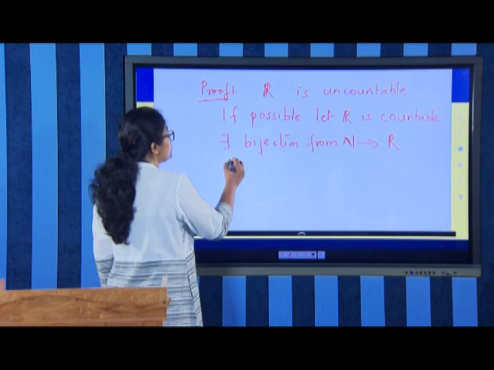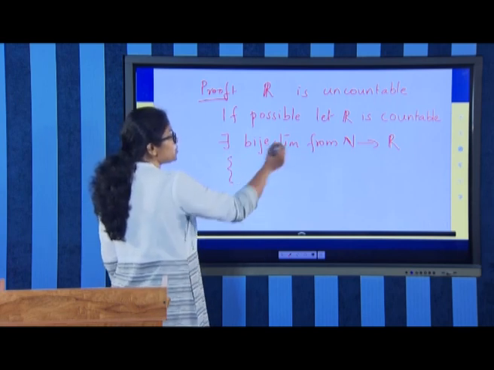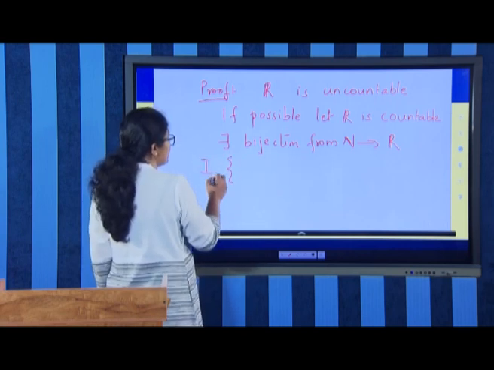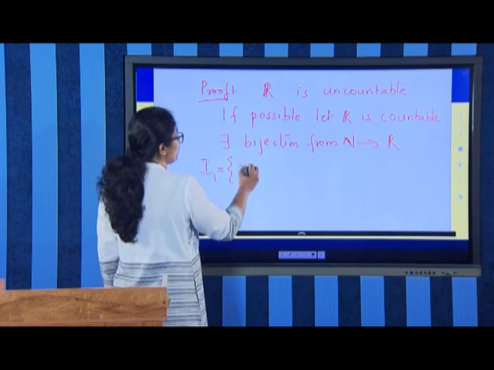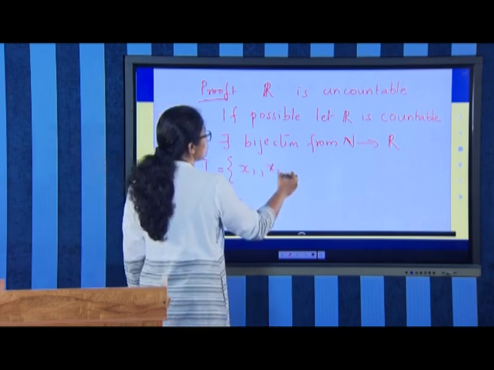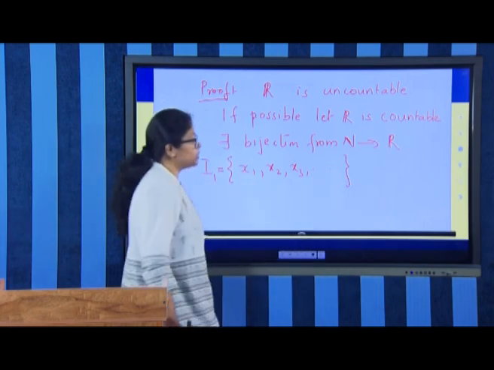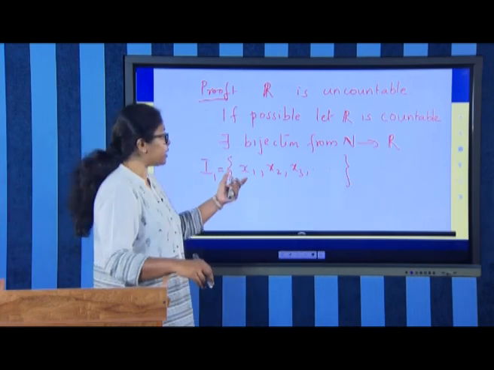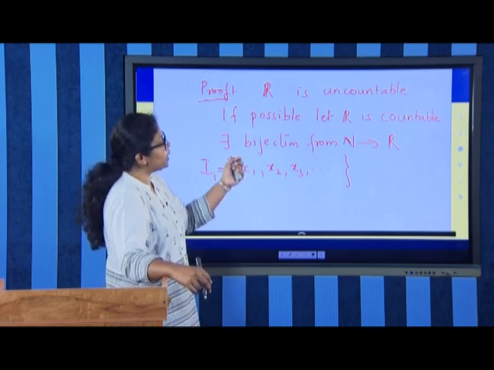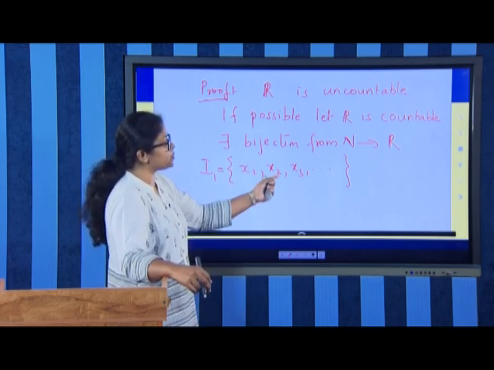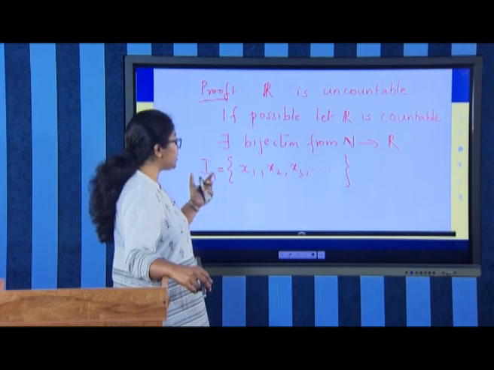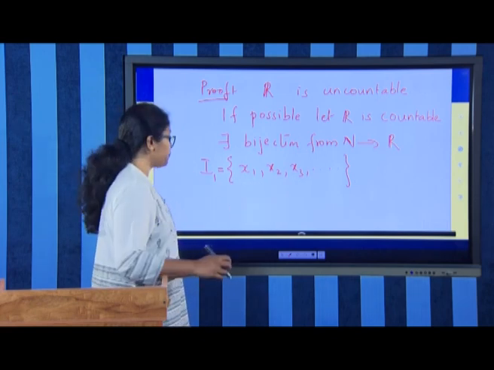Or in other words, we can enumerate the elements of R as an interval, say I1, which is equal to x1, x2, x3, etc. Because R is countable, we can write the numbers of R as x1, x2, x3, etc. We are defining it as an interval I1.